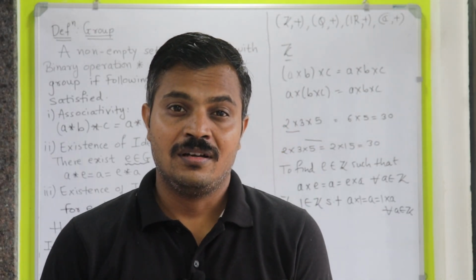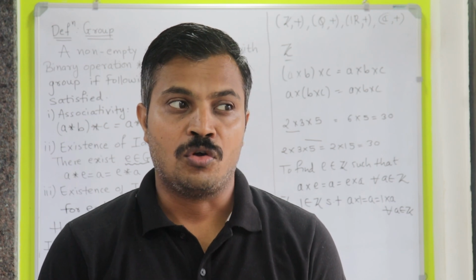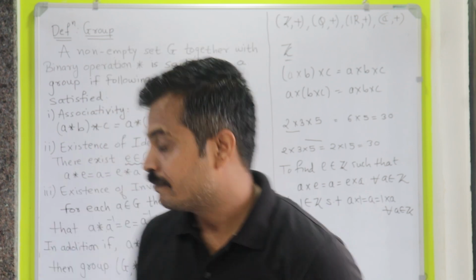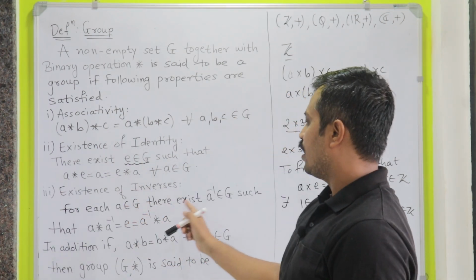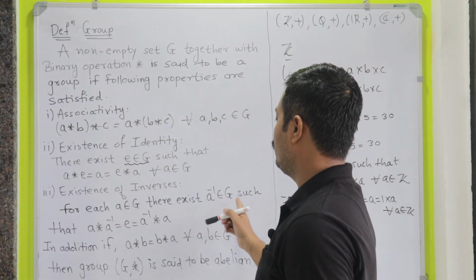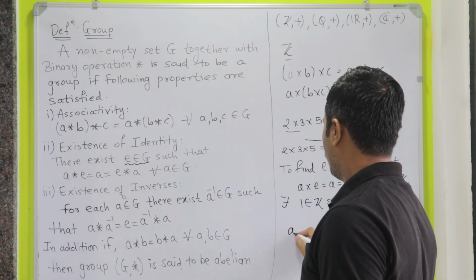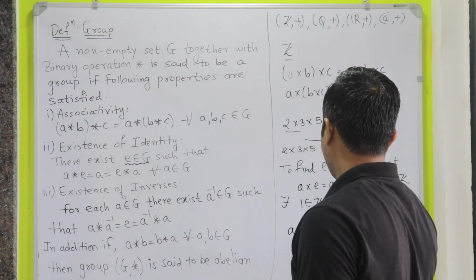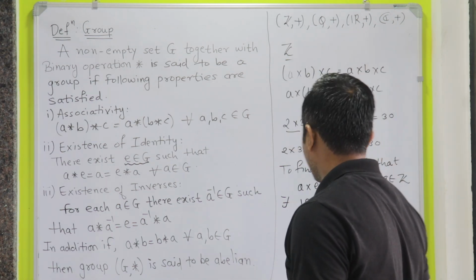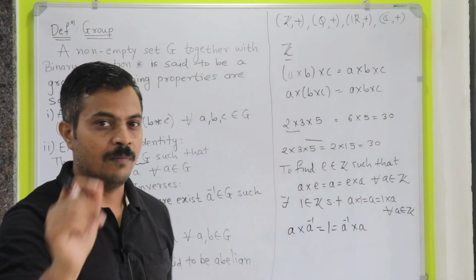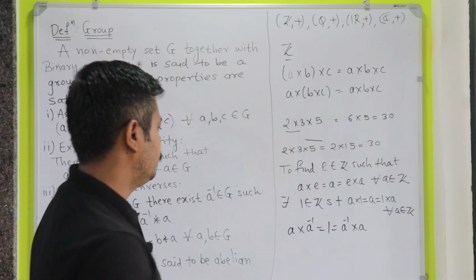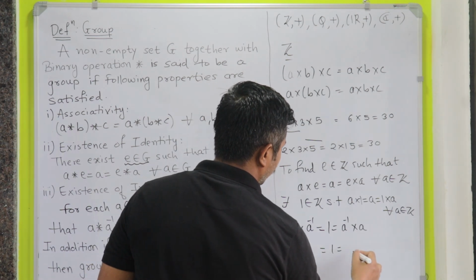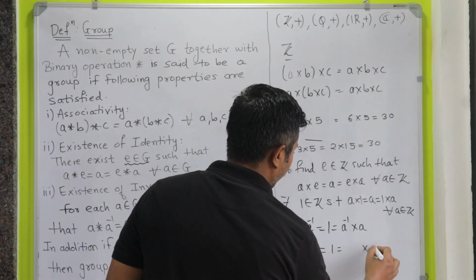Now, the question is the existence of inverse. What does the property say? For each A belongs to Z, we should be able to find A inverse belongs to Z such that A multiplied by A inverse, which is our identity element 1, should be equal to A inverse into A. A particular example, suppose we have 5. So, 5 multiplied by what is equal to 1, which is further equal to that element multiplied by 5?